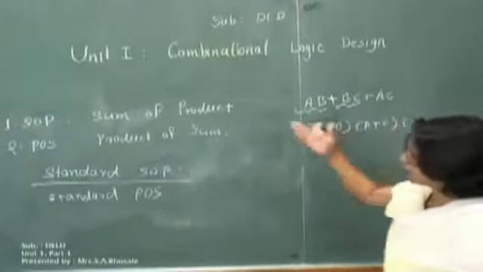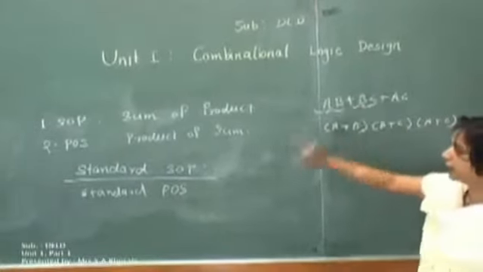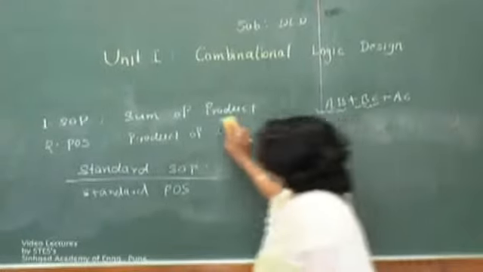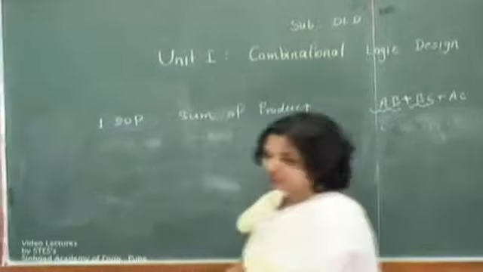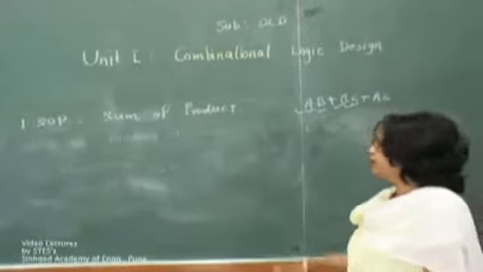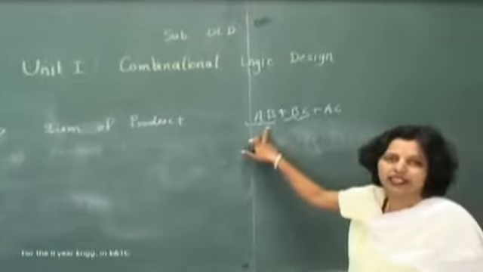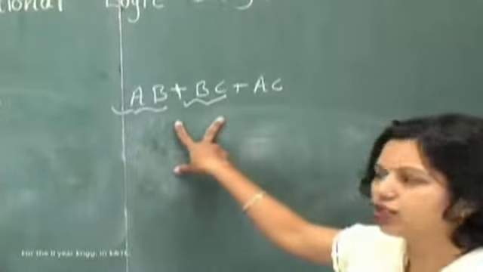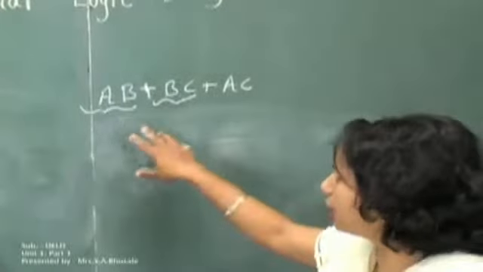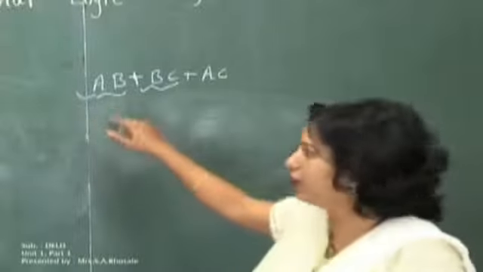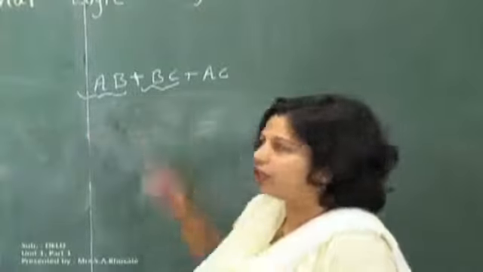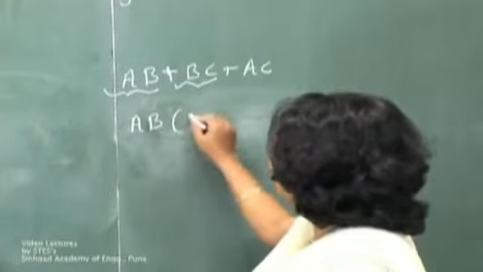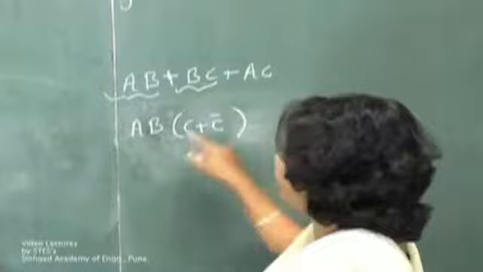Let us start with standard SOP, to see how the equation is converted into the standard SOP form. There are a few steps. First, find the missing literal. Here the missing literal is C. To convert the given SOP form into standard SOP form, find the literals in each term. Here C is missing, so the term should be ANDed with the missing literal and its complement.